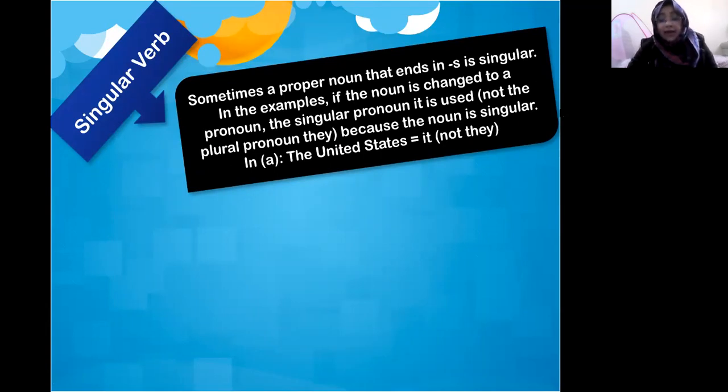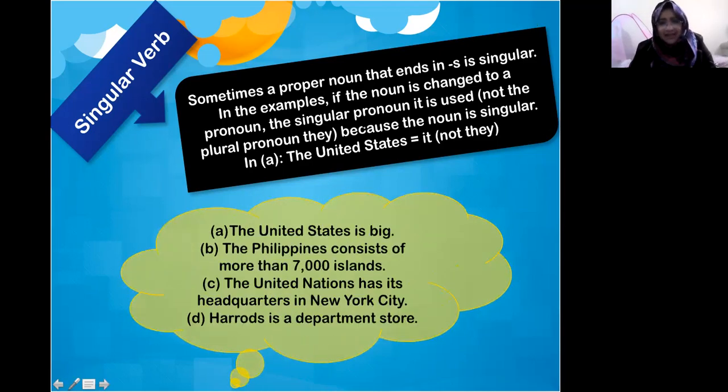In the example here, if the noun is changed to a pronoun, the singular pronoun is used, not the plural pronoun they, because the noun is singular. Now we will see some of the words which end in s. Especially the names of places end with s, but they are not plural, they are singular. For example, the United States is big.